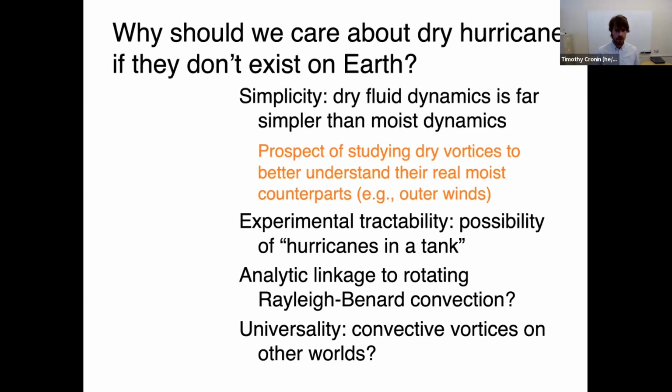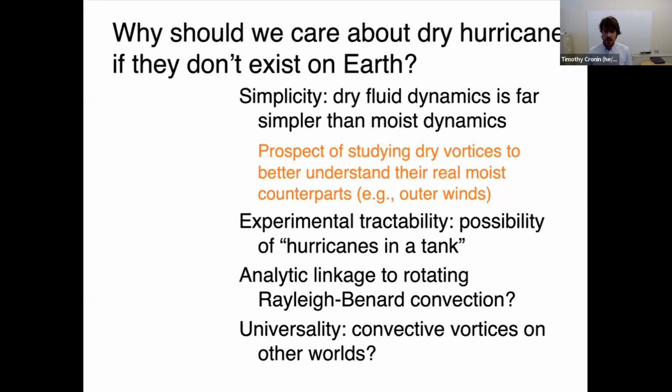So a lot of our understanding of how things like mid-latitude storms work, or how the overturning circulation, the Hadley circulation in the tropics works, comes from models that don't necessarily include all of the effects of moisture. And it would be great if we could further develop our understanding of hurricanes in a similar way.